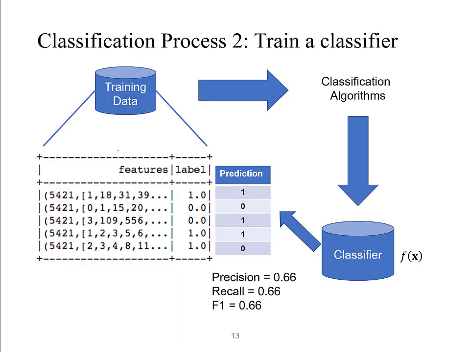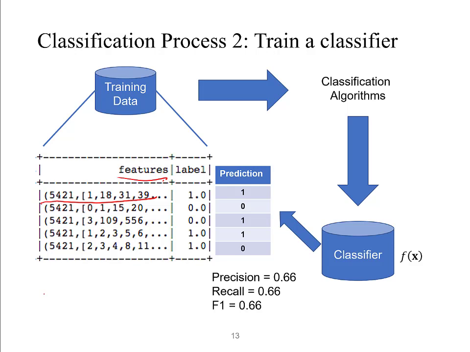This has been discussed in Monday's lecture, but the features here are actually generated by that count vectorizer. So this is a sparse vector, right?